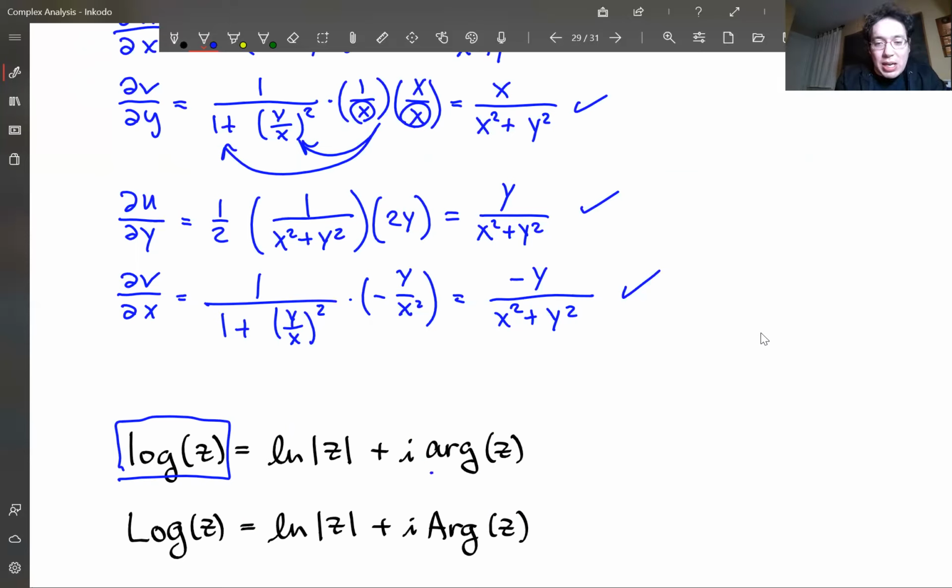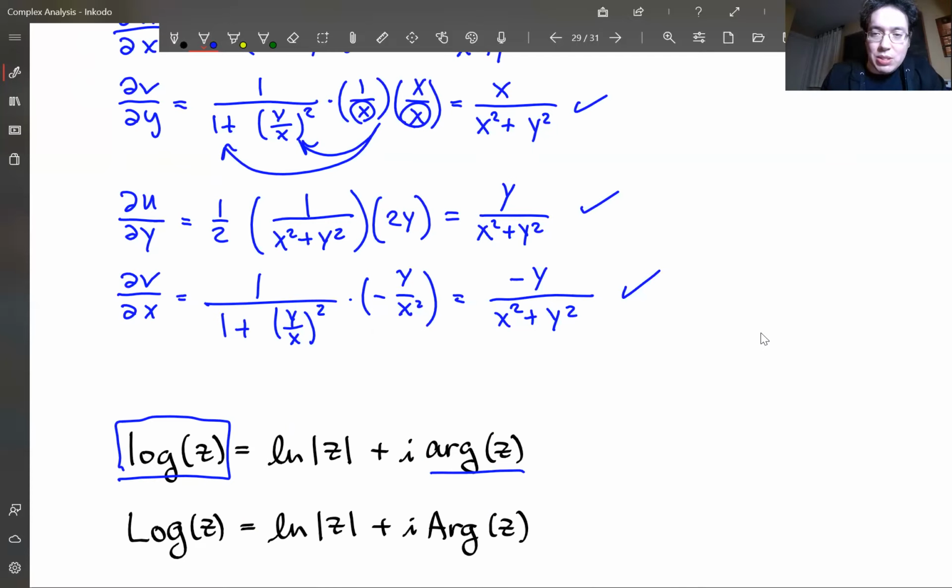And of course, another thing to be careful about is the argument function here is multi-valued as it was before. So there are multiple possible arguments that work for the inverse, each off by a multiple of 2 pi i.